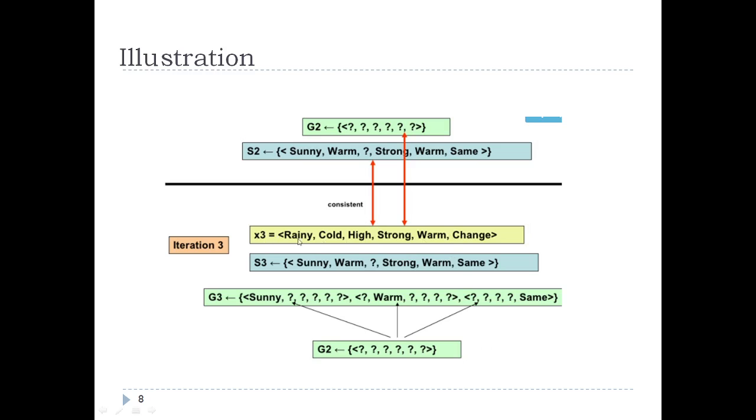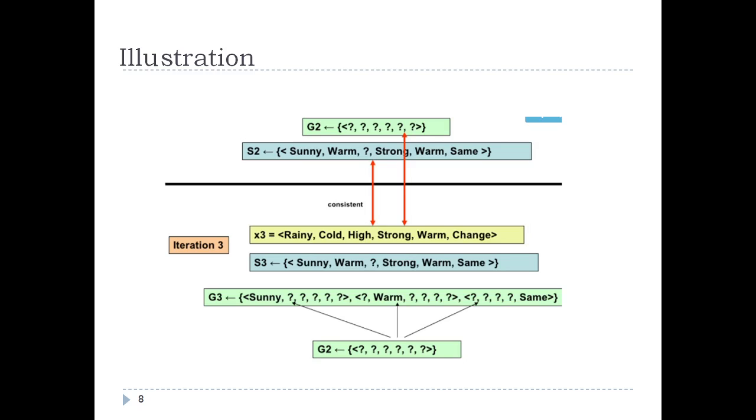Then in iteration 3 we have a negative example. Negative example means inconsistent data. So what we have to do is make those negative examples move towards the positive example or specific hypothesis. So here x3 will be compared with S2.